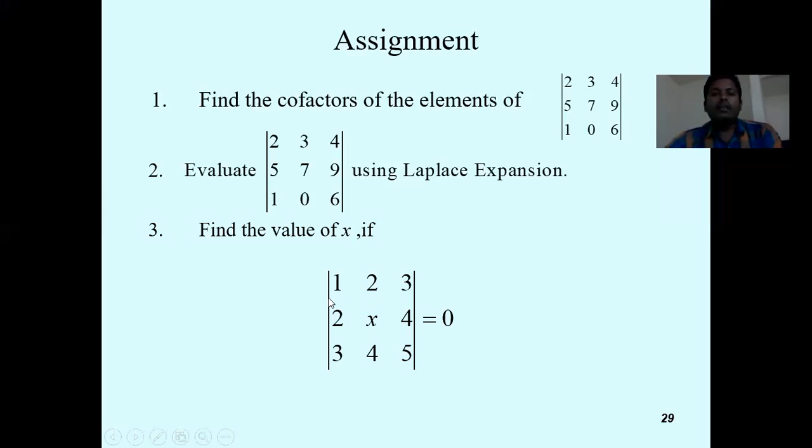Using the same process of determinant. 1 into x, 4, 5, and we take minus 2 into the remaining, where the corresponding row and column are neglected: 2, 4, 3, 5; minus plus 3 into the corresponding row and column neglected, the remaining we write 2x, 3, 4.